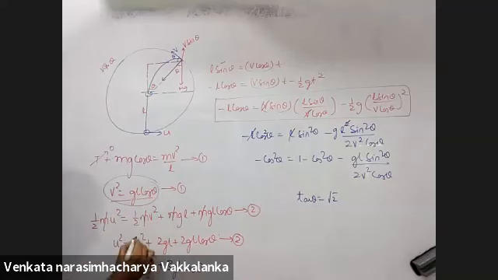I substituted this v square here. Now from tan theta, you substitute cos theta here.